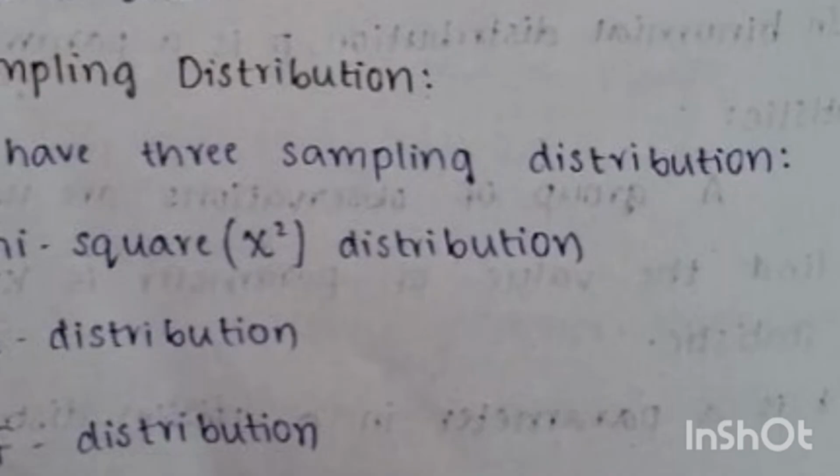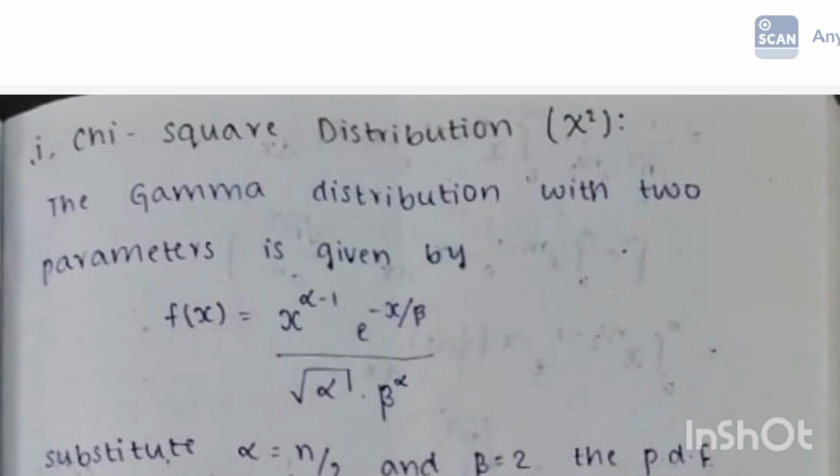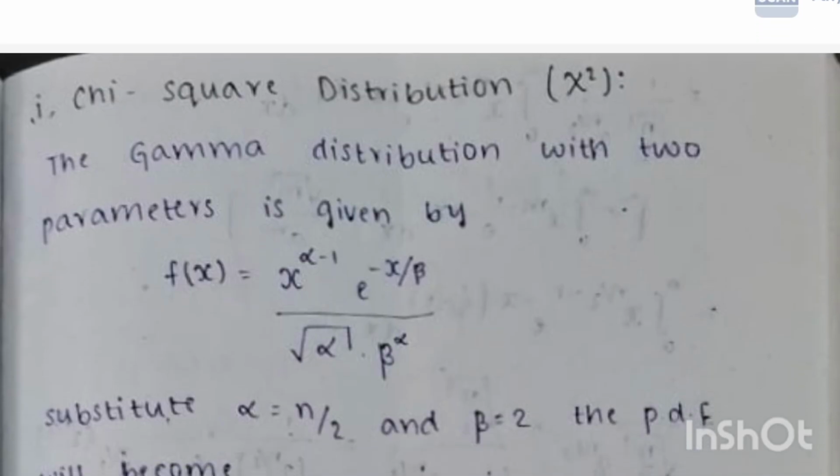Next, let's see the definition of the chi-square distribution. The gamma distribution with two parameters is given by f of x equals x to the power of alpha minus 1 into e to the power of minus x by beta, divided by gamma of alpha into beta to the power of alpha.